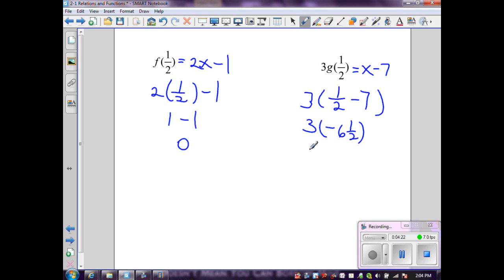Changing to an improper fraction to multiply gives me 3 times a negative 6 times 2 is 12, plus 1 is 13 over 2. Multiplying by 3, or 3 over 1, gives me a negative 39 over 2. Check to see if I can simplify. I can't. Therefore, this is the solution.